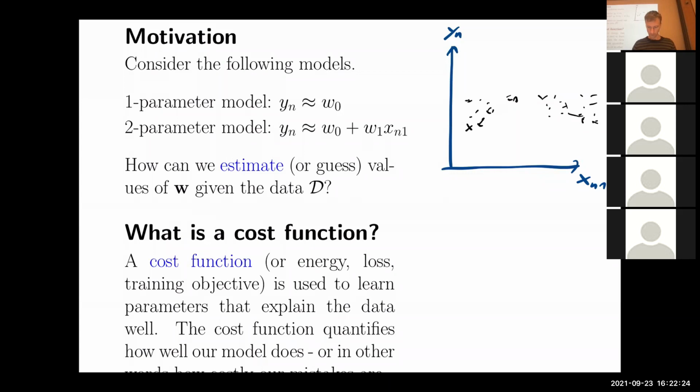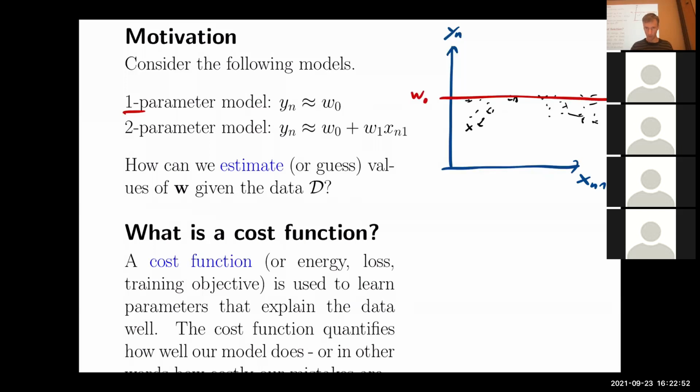One model I could fit is, for example, this 1 parameter model. What is a 1 parameter model? This is just something which is defined by 1 number. No matter what data you give to the model as an input, it has to give an answer: what is the prediction for the data point?